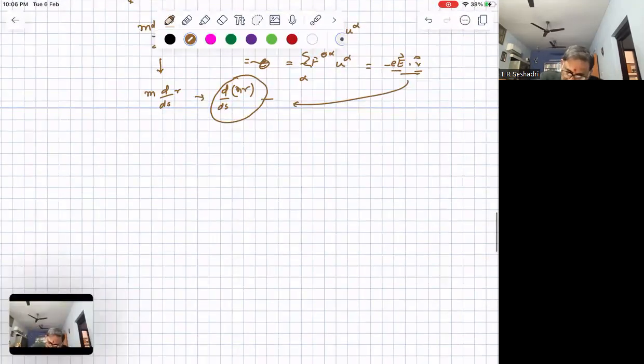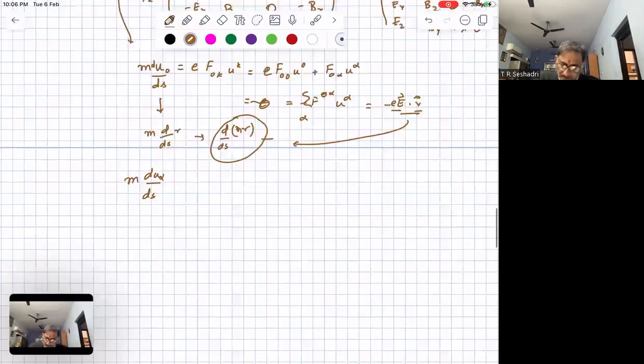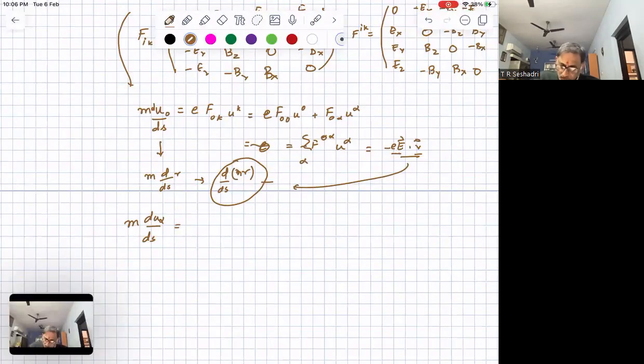And similarly, now you can say that m du alpha by ds is equal to E F alpha k uk, which is equal to E times F alpha 0 u0 plus F alpha 1 u1 plus F alpha 2 u2 plus F alpha 3 u3.